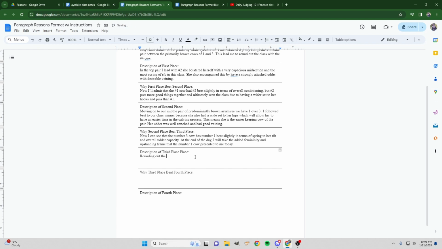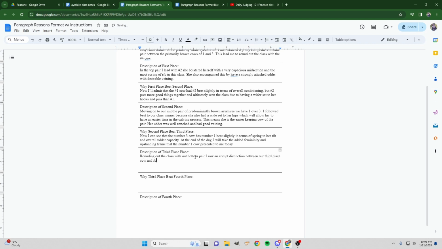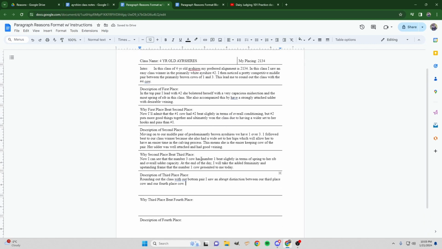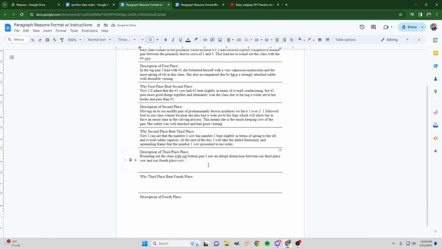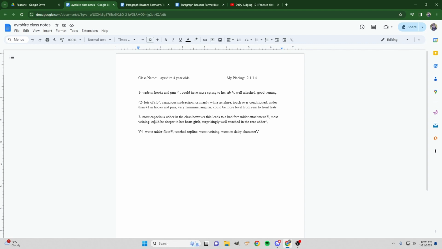Rounding out the class with our bottom pair, I saw an abrupt distinction between our 3rd place cow and our 4th place cow. 3 wins the bottom pair. Why did 3 win the bottom pair?